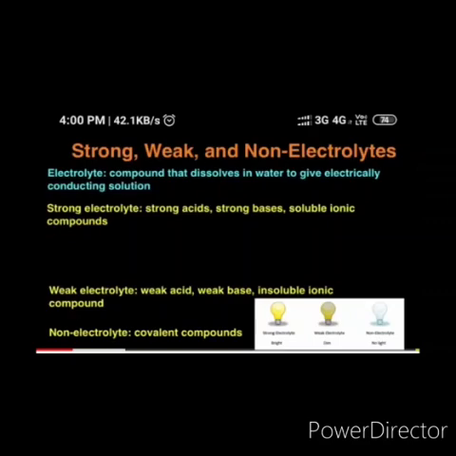For example, weak acids and weak bases belong to this class. Non-electrolytes are those which do not ionize and exist as molecules in aqueous solution. The non-electrolytes are the covalent compounds.